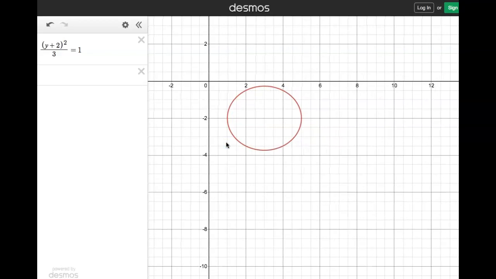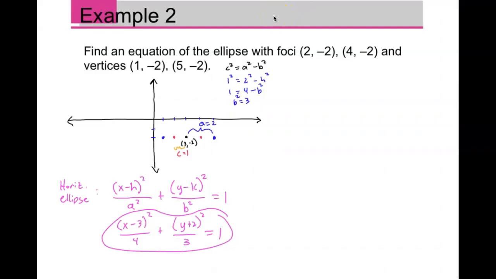That's right where we had our ellipse in our little sketch. So we're good. Questions about that one? Okay, let's continue. Only a couple more.